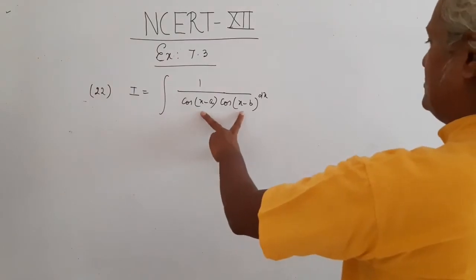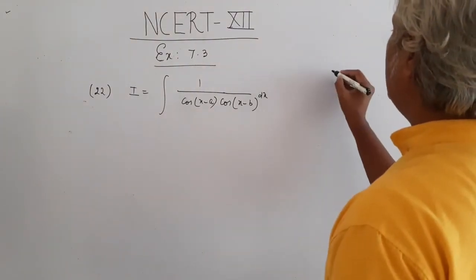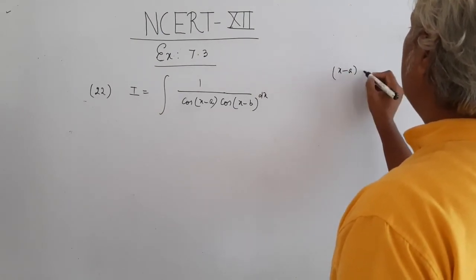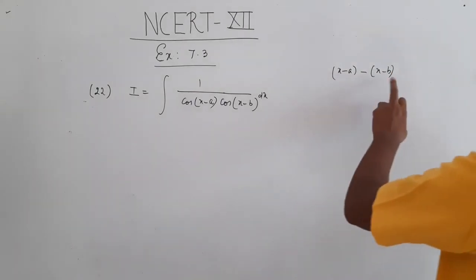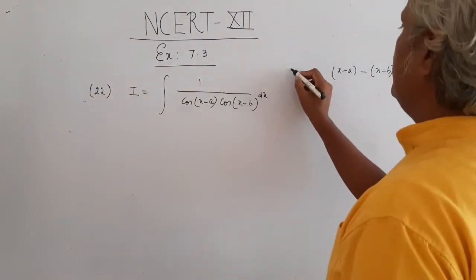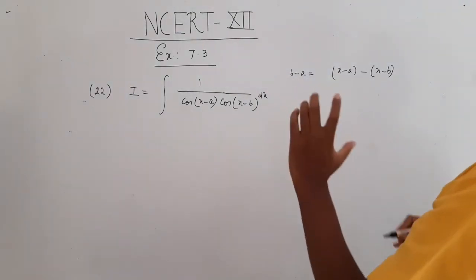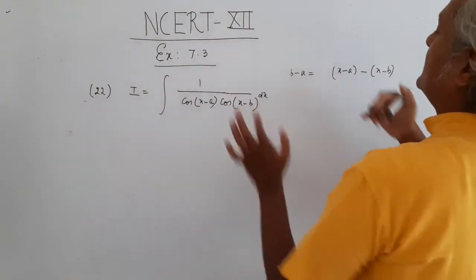So just look at these two angles, x minus a and x minus b. If I say (x minus a) minus (x minus b), then what you get? You get b minus a. Now you attach sine, because I want to multiply something in the denominator and something in the numerator.